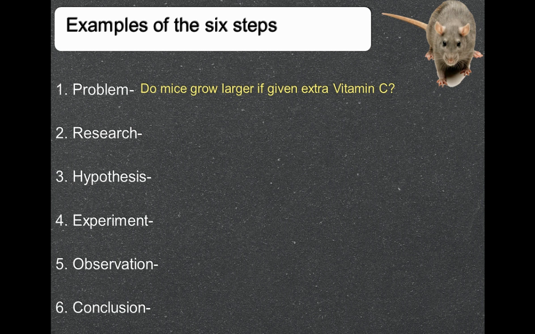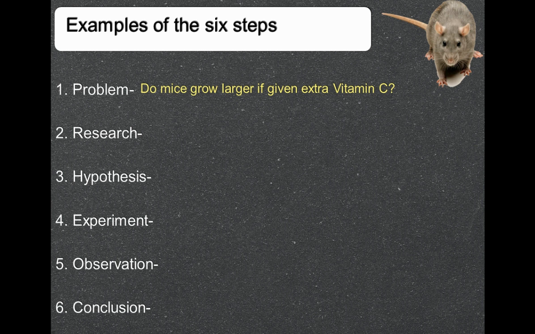You can ask that question. That's our problem. I don't know the answer to this question. All right, so this is our problem, and we're going to try to answer that question in our experiment.